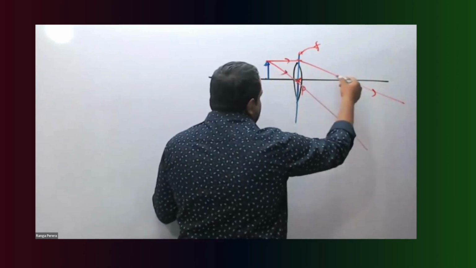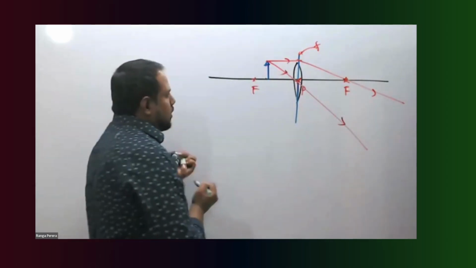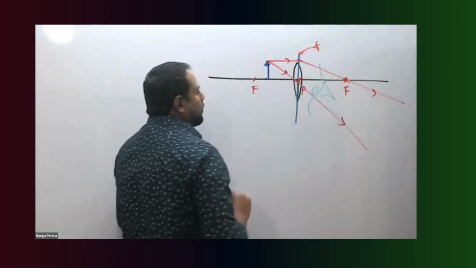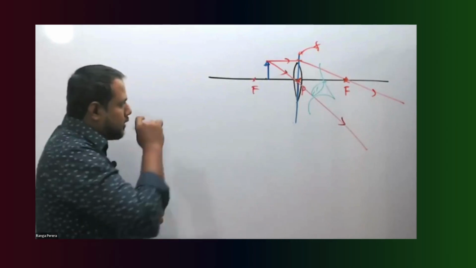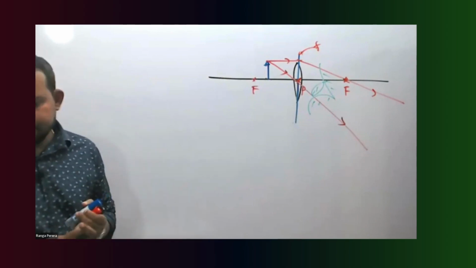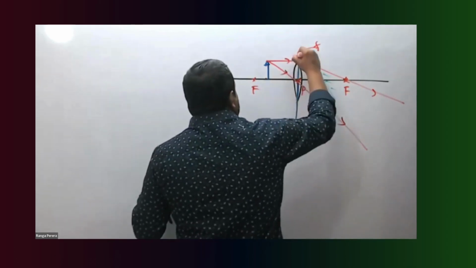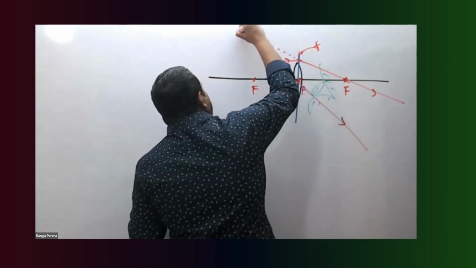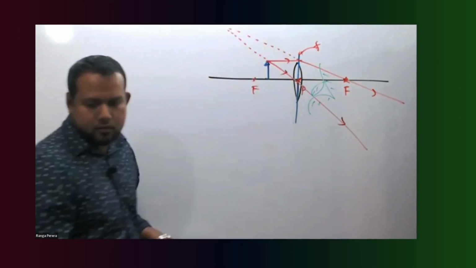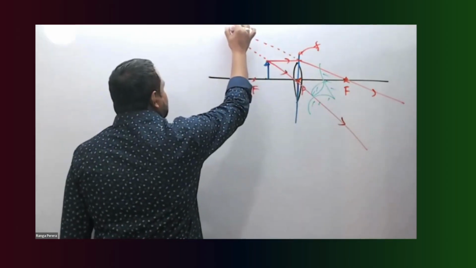Your eye is placed close to this location. I will draw the eye also. Actually, the eye is close to this simple microscope. Now let's extend this line. When you extend this line, you can see the image formed at this location.